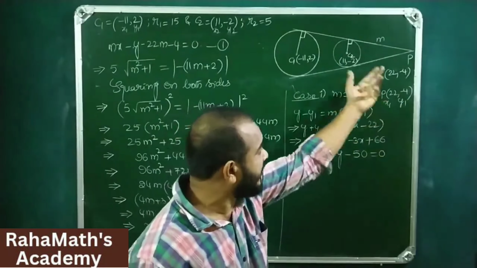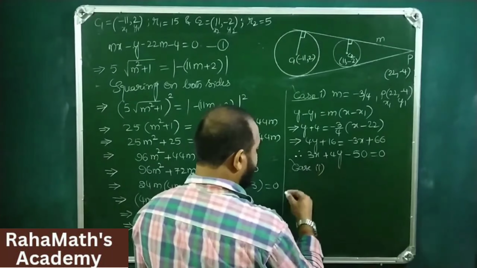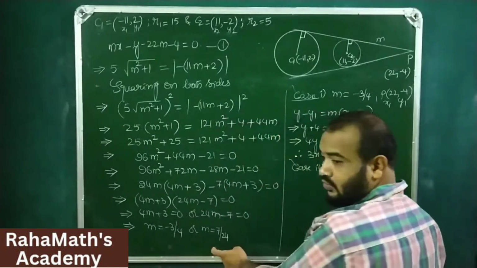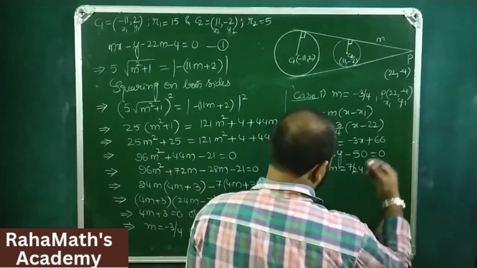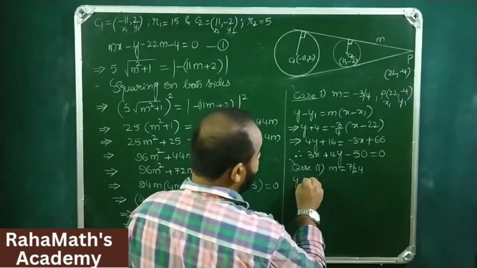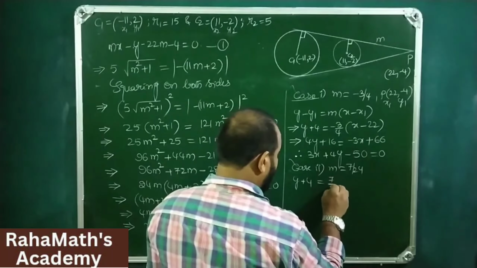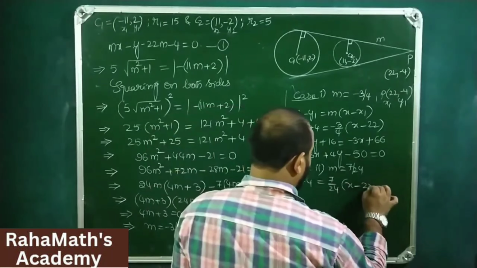And for getting the second, case 2. So m equals, this time, 7 by 24 we have to take into consideration, and the point is as usual. So y minus y1 equals m, 7 by 24, into x minus x1, 22.